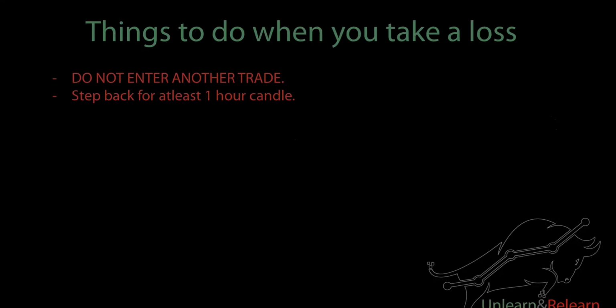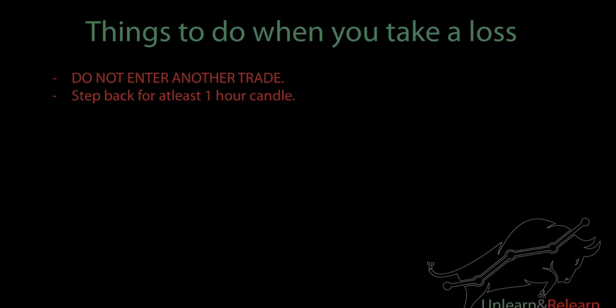But you've taken the loss. Now you got to step back for at least an hour and really see what's going on. Because if I'm wrong in a market, that's a huge deal, because my family's bread and butter depends on trading. It depends on some other things too, but mostly it's trading. And if I'm wrong, that's a huge deal.